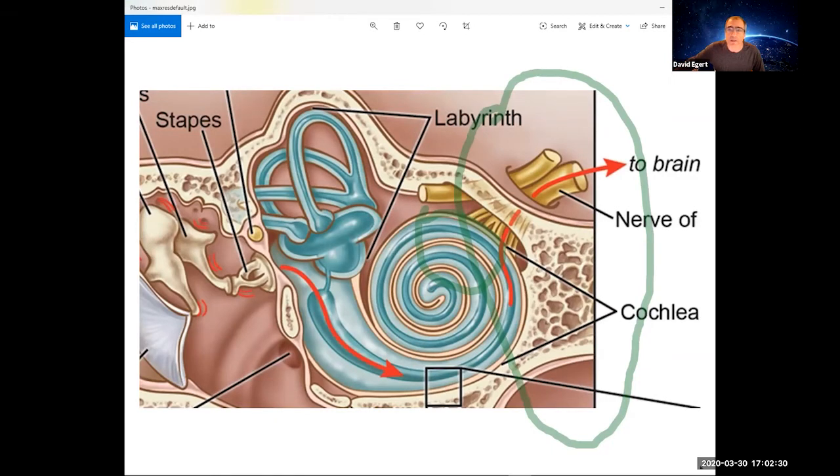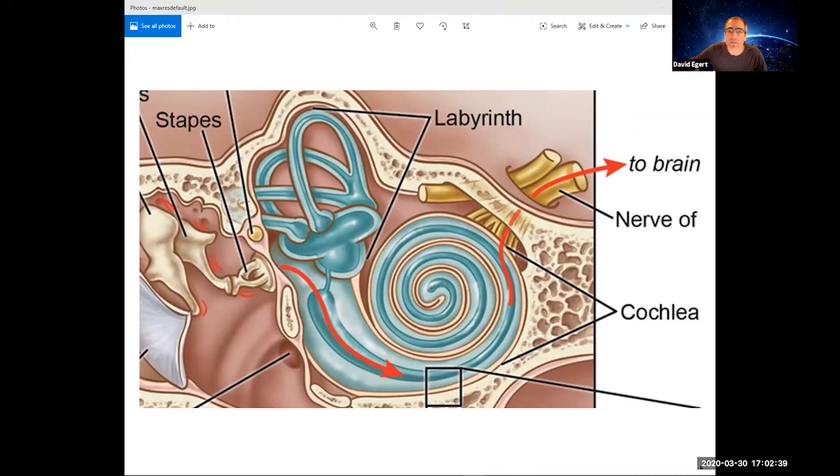This picture here is showing the inner ear in more detail. If you look, there are three main parts, three main areas. We're going to look at each one in turn.